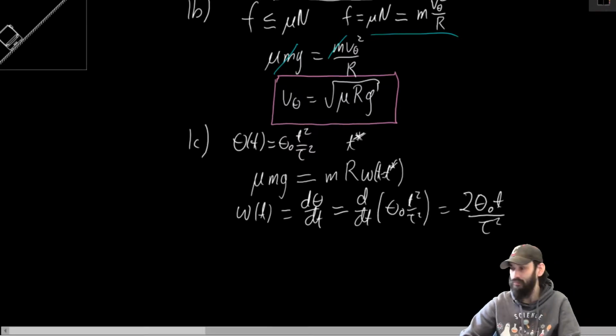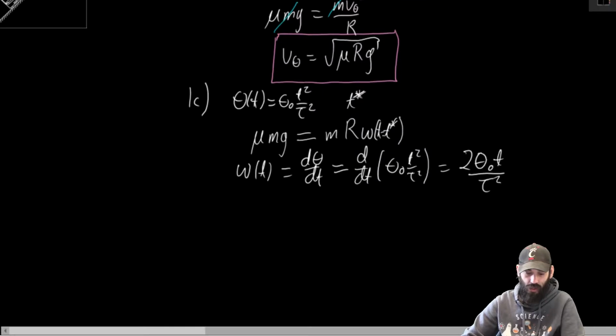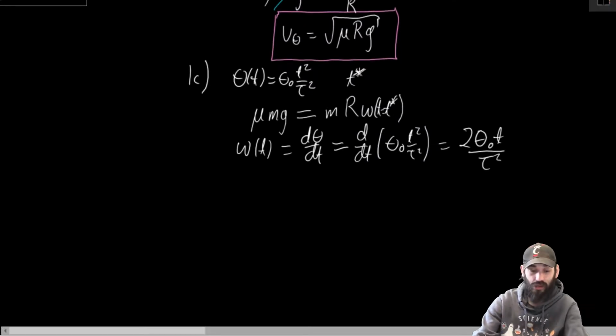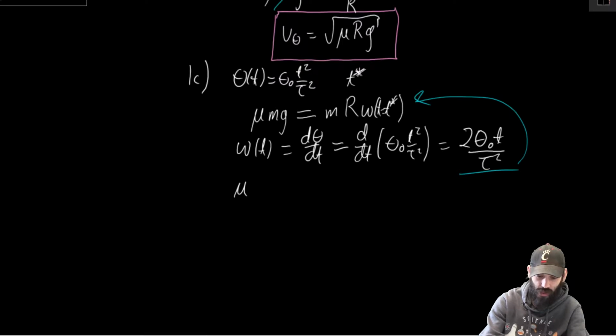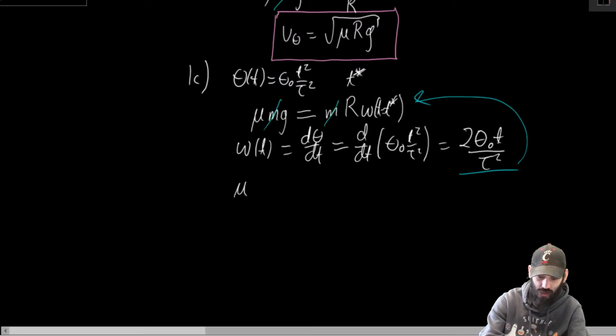Okay? So now we have omega of t. And now we can plug it into the function that we have right here. And so that's going to say that, let's cancel our m's, because our m's are going to go away, mu times g is going to be equal to R times omega of t evaluated at t star.